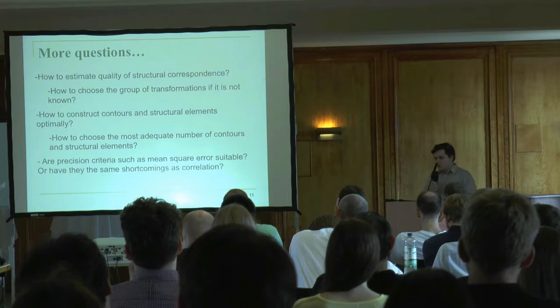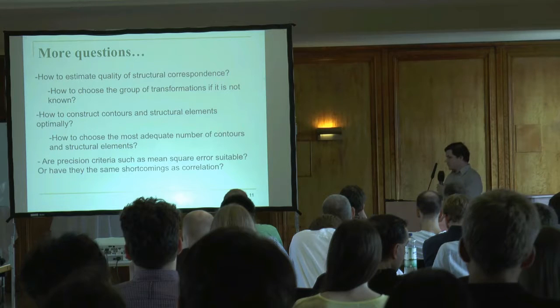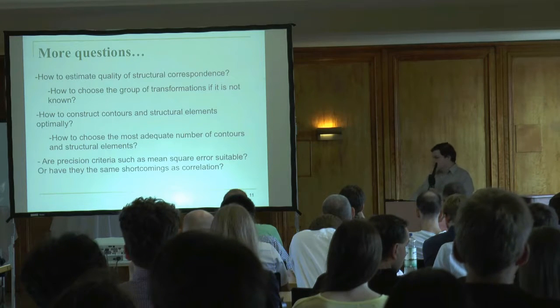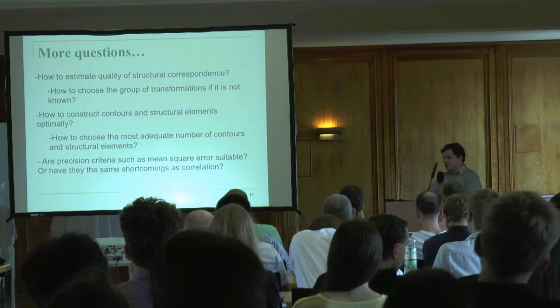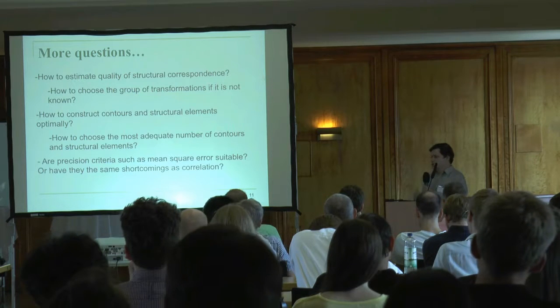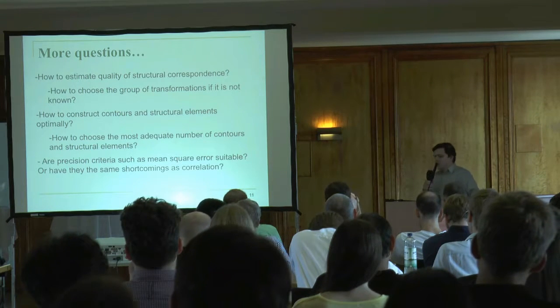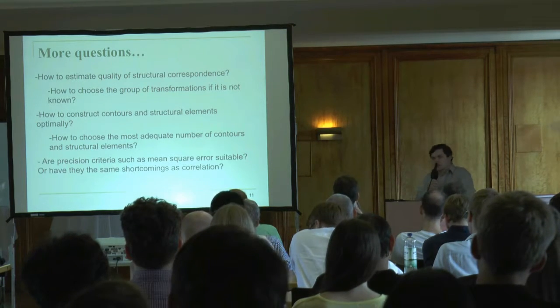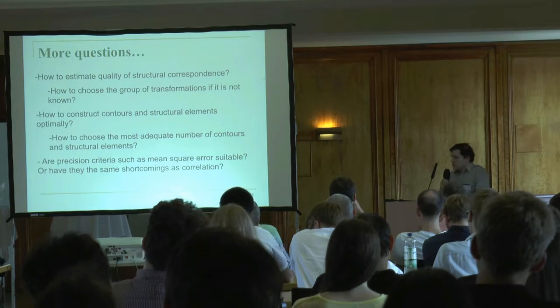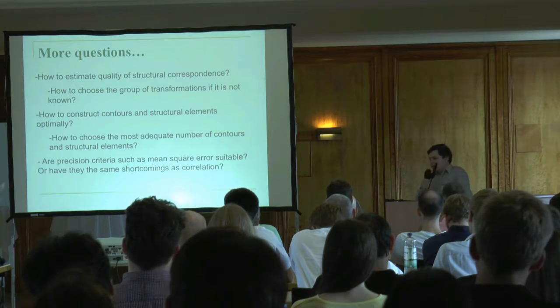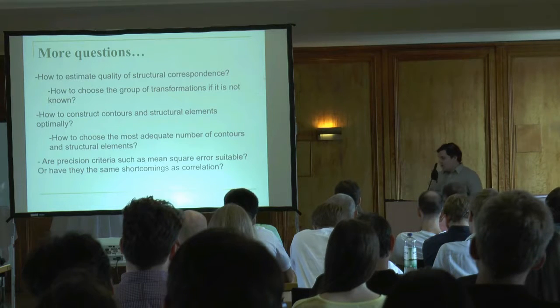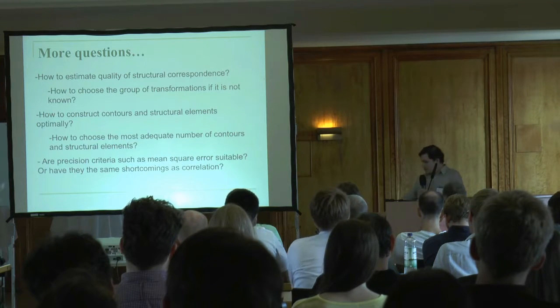And many other questions arose for me. For example, how to estimate quality of structural descriptions, how to choose the group of transformations if it is not known a priori, how to construct contours and structural elements optimally, and so on.